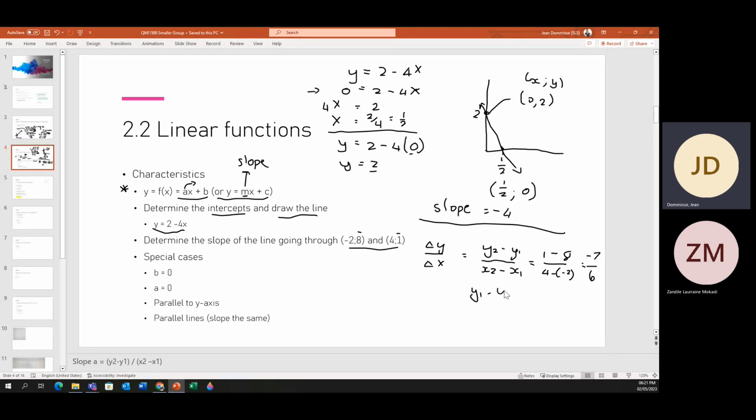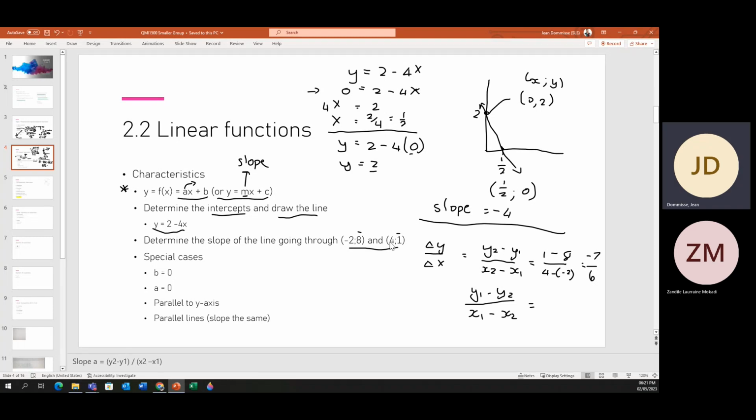as long as you just make it consistent that you then use the same for the bottom as well. So you could have said your second point minus your first point, or you could have said your first point minus your second point. As long as what you do on the top, you do at the bottom as well.